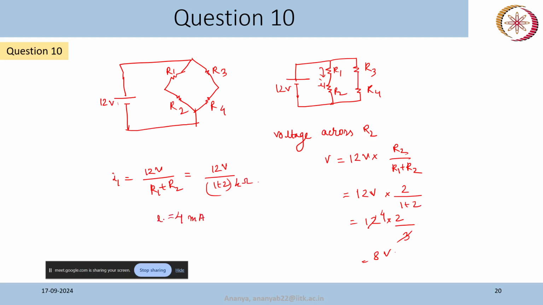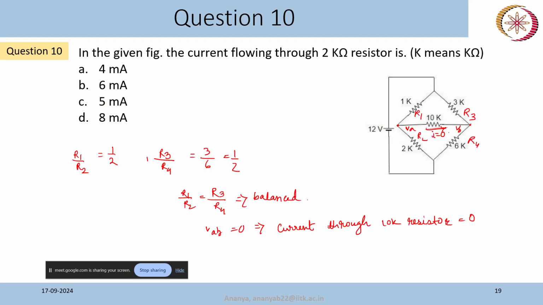So the current through this 2 kilo ohm resistor will also be equal to 4 milliampere, right? So 4 milliampere current is flowing through this path. Okay, so our answer is 4 milliampere.